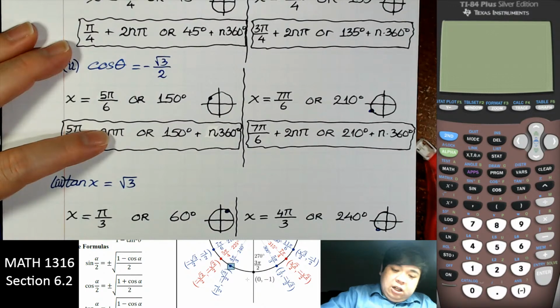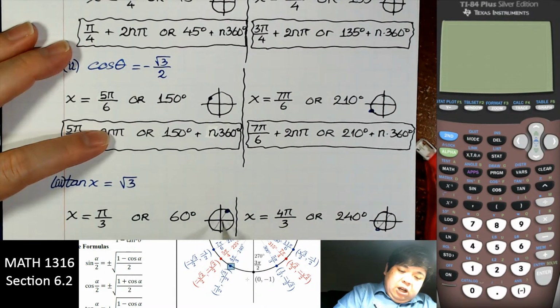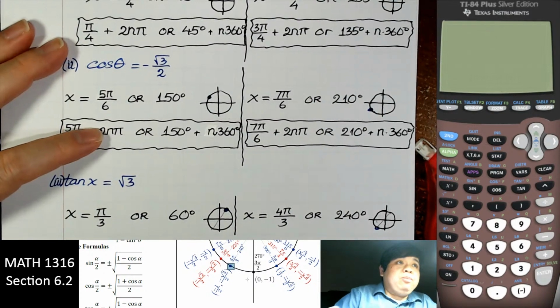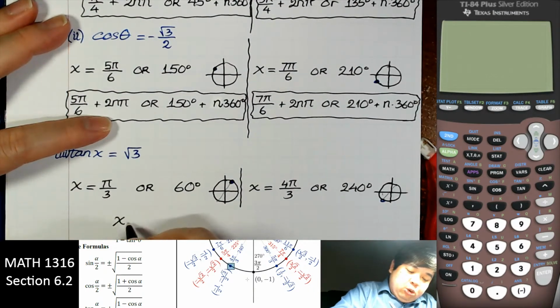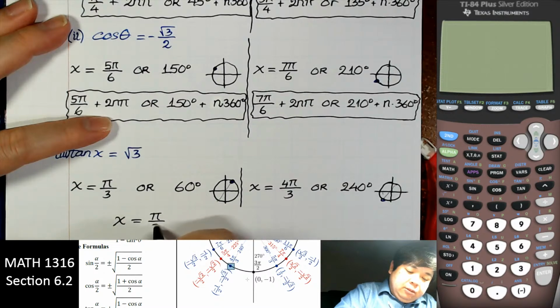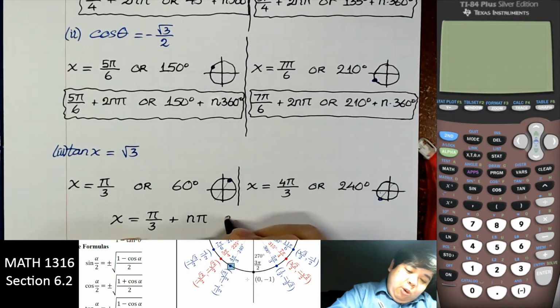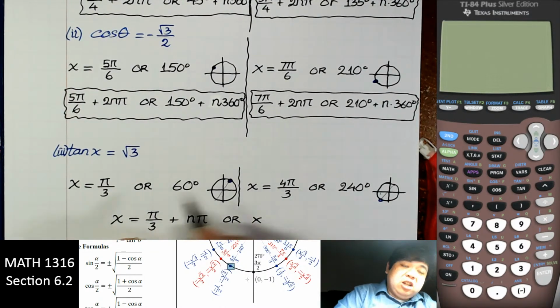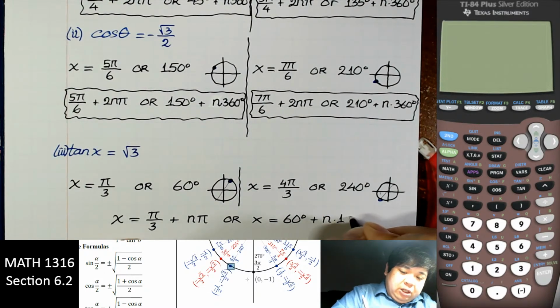The difference is those points are across from the origin. So we can combine these two together as x equal to pi over 3 plus n pi, or x equal to 60 degrees plus n times 180 degrees.